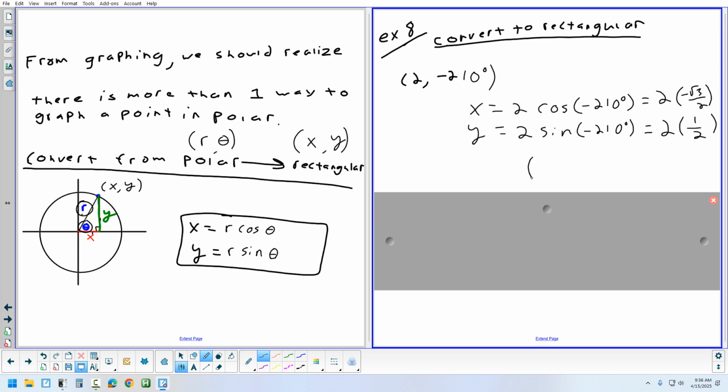Okay, so now let's write our coordinate, completely simplified. What's 2 times negative root 3 over 2?